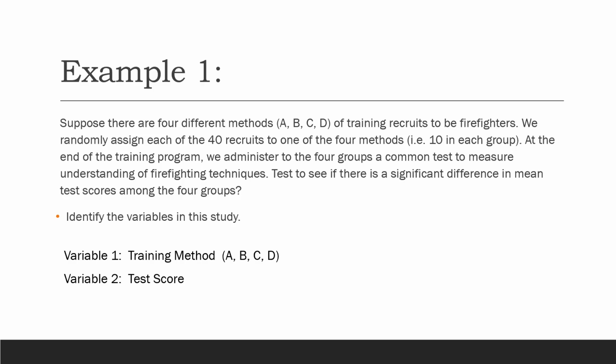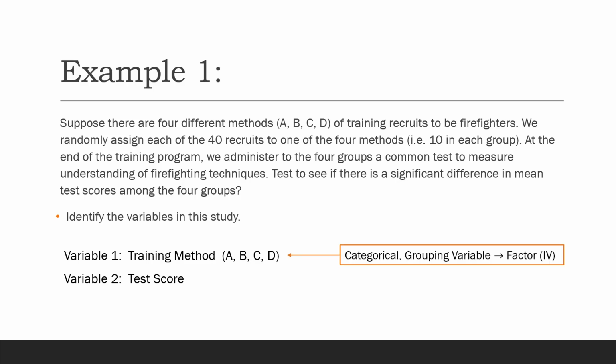Training method, which is the grouping variable, is one variable. There are just four values of that variable, right? But it's our categorical grouping variable. In experimental research, we call that an independent variable. So that's why you see the IV in abbreviations there in that parenthesis, but we can also just call it a factor, right?